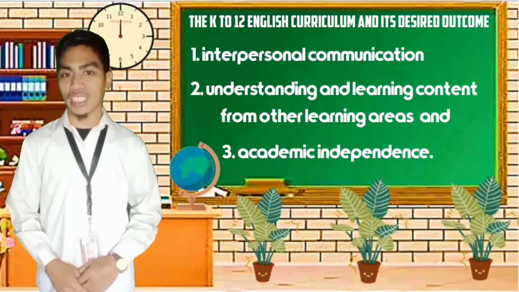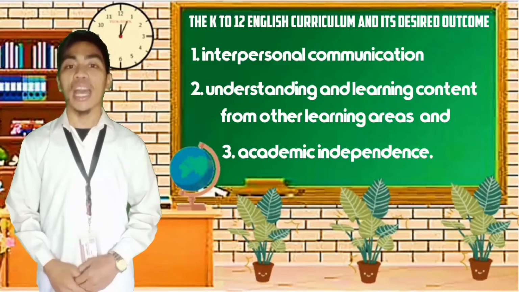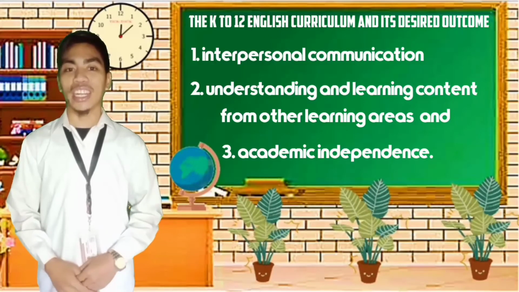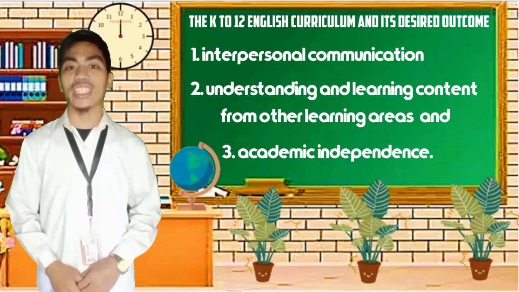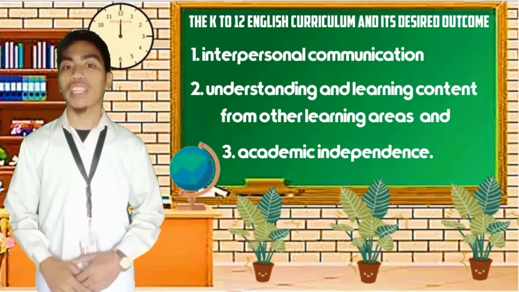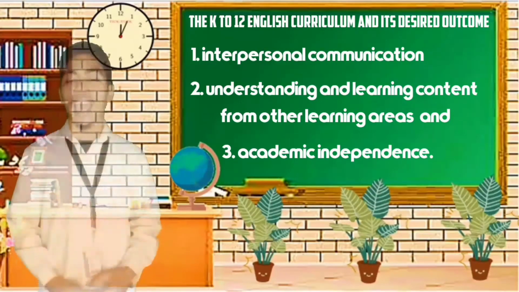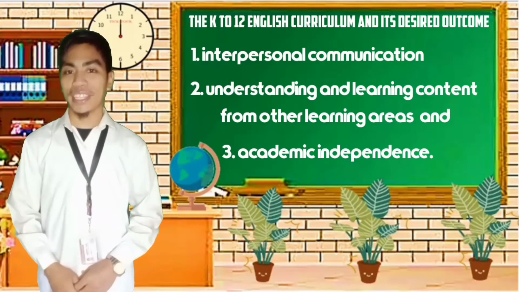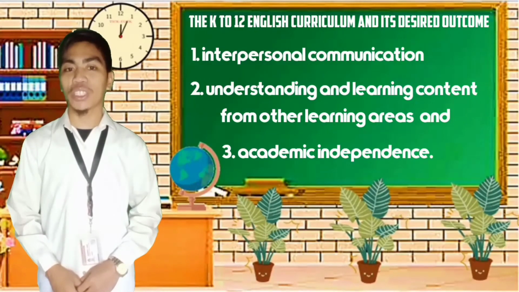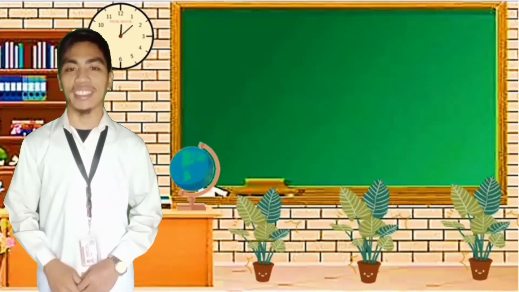Understanding and learning content from the other learning areas means that when the learners are English literate, there is a chance to understand other languages since English is for worldwide usage of communication. And lastly, academic independence, being free to take any actions using English speaking.